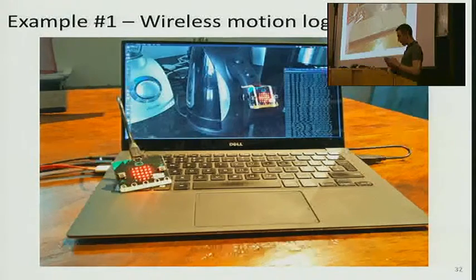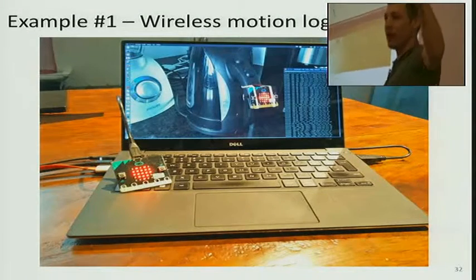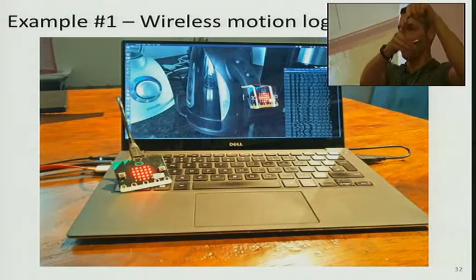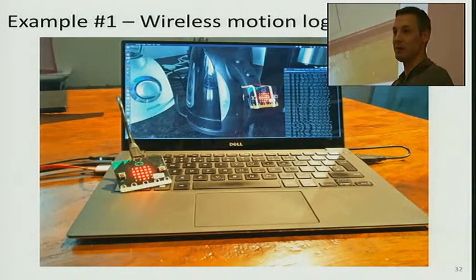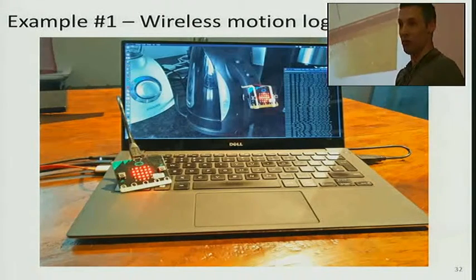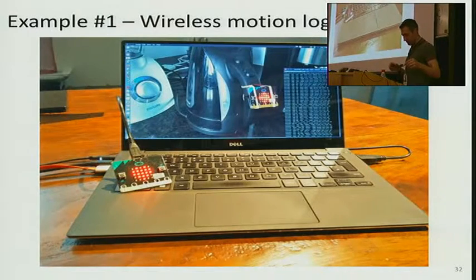I have a data logging program in Python on it that's reading the sensors and transmitting the data wirelessly to the microbit attached to my laptop. This is receiving it, sending it through the USB as a serial port, where I can then read the data on the laptop, capture that, and then analyze it to do some motion analysis. Each time it flashes, it's received another 10 packets of data.